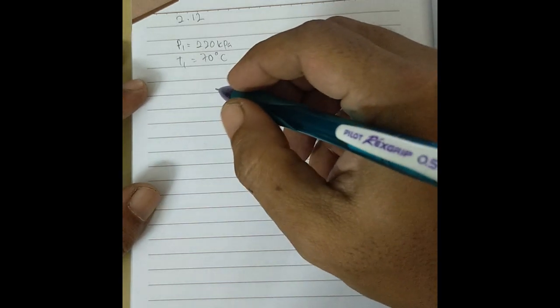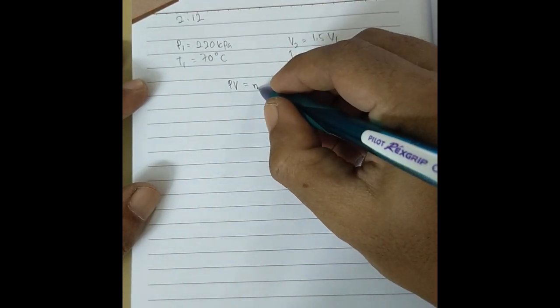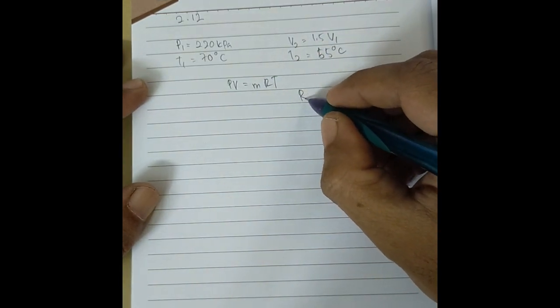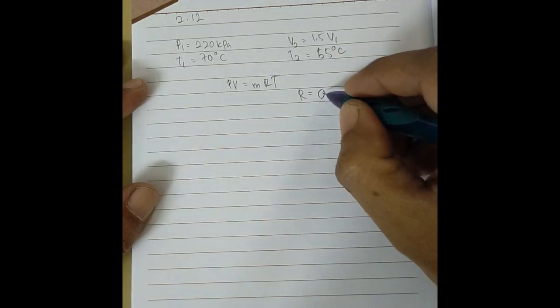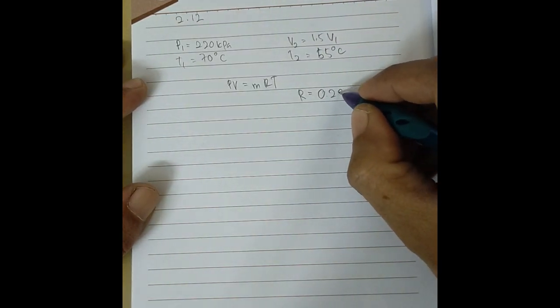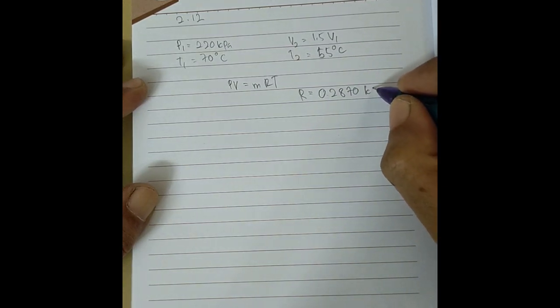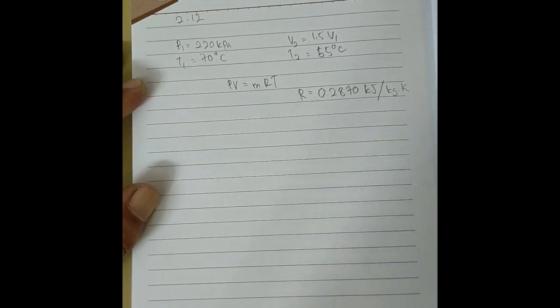By using the ideal gas equation, PV is equal to mRT, whereby R is the gas constant, which is 0.2870 kilojoule per kg dot Kelvin.